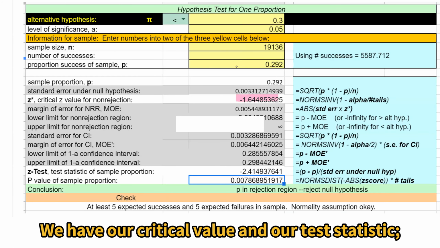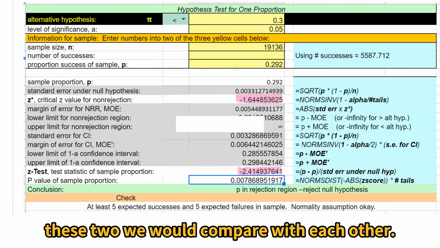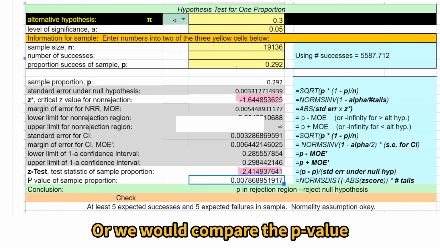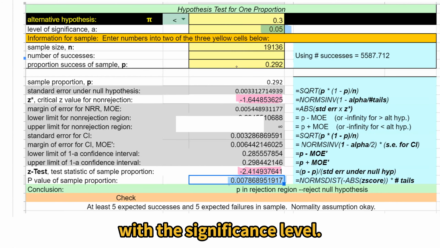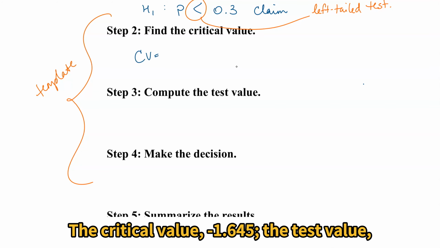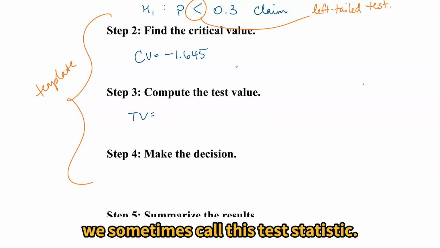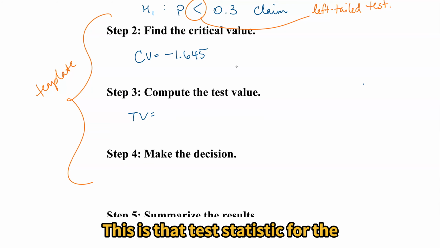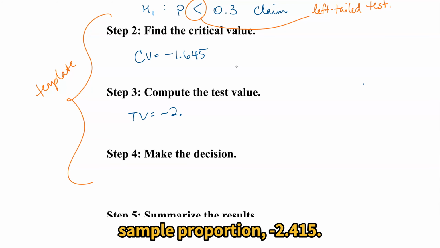We have our critical value and our test statistic, these two we would compare with each other, or we would compare the p-value with the significance level. So we're going to look at both of them. The critical value, negative 1.645. The test value, we sometimes call this test statistic. This is that test statistic for the sample proportion, negative 2.415.